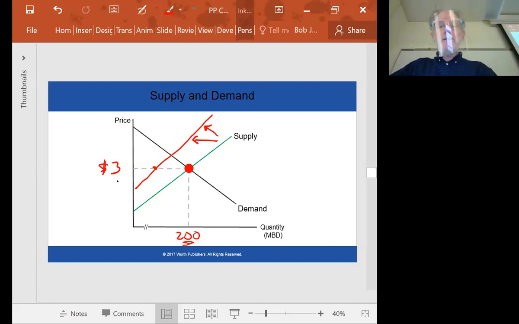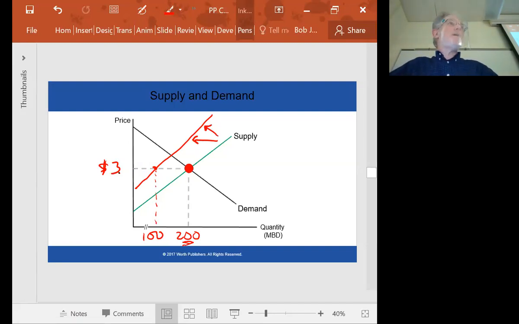As far as the consumers are concerned, they don't care what's happened. If the price is $3, they still want 200,000 hamburgers. But producers, if the price were at that level, are only willing to supply, let's say, 100,000. So if the price remained at $3, what would we have? Shortage or surplus? We'd have a shortage of how much?